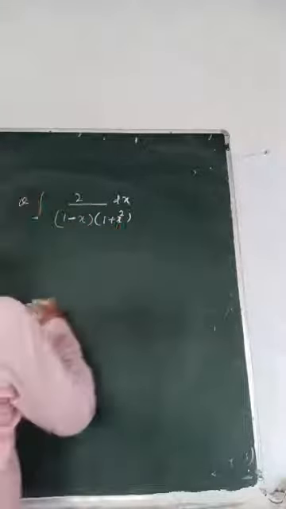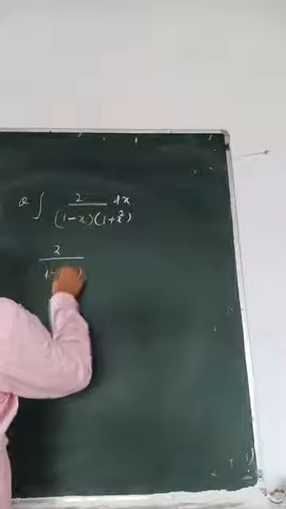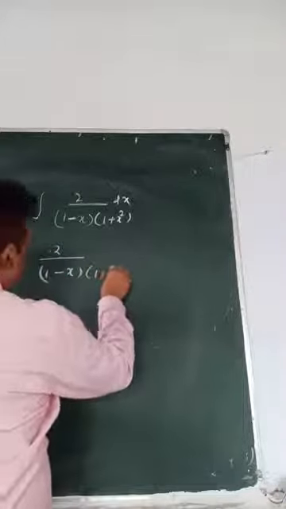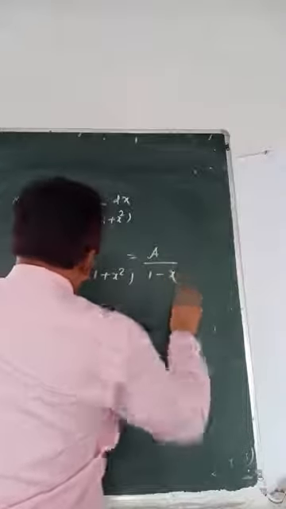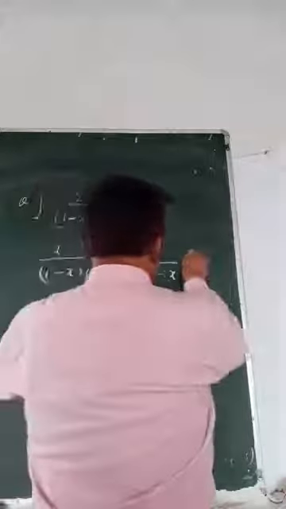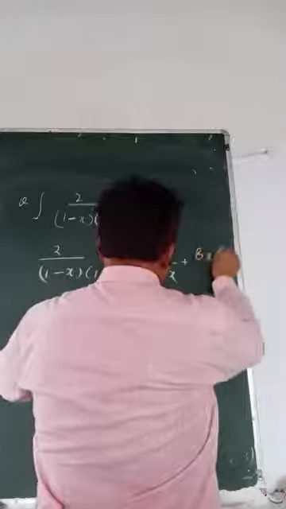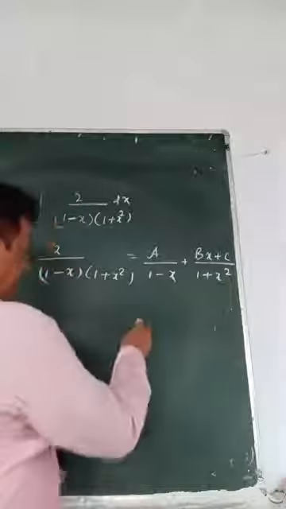So 2 by 1 minus x 1 plus x square, you are writing a by linear, bx plus c by quadratic, means 1 plus x square. Remaining same method.